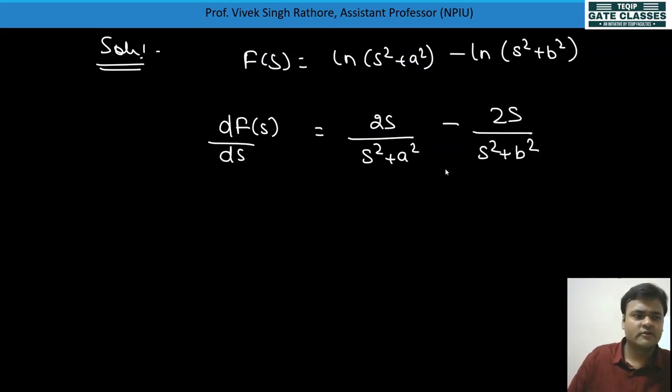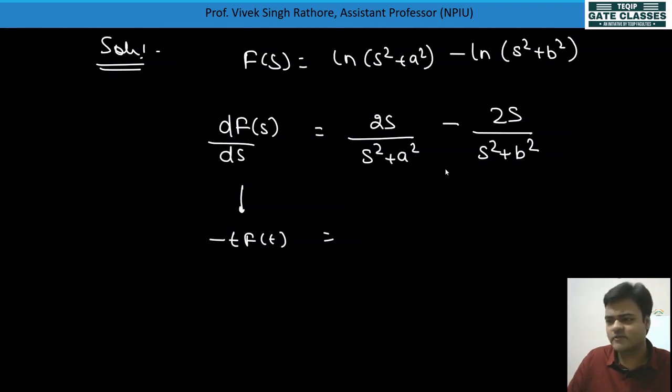dF by ds is equivalent to, if you take its inverse Laplace transform, minus t into f of t. Taking the inverse Laplace transform of 2s by s square plus a square, it is a cos signal, so 2 cos of at, and here 2 cos of bt.